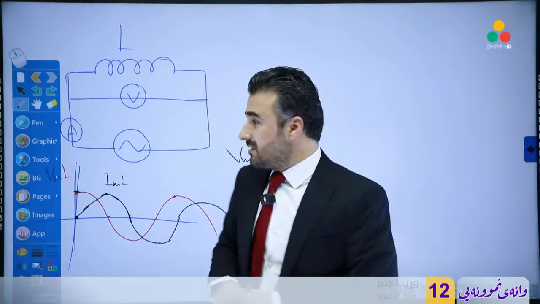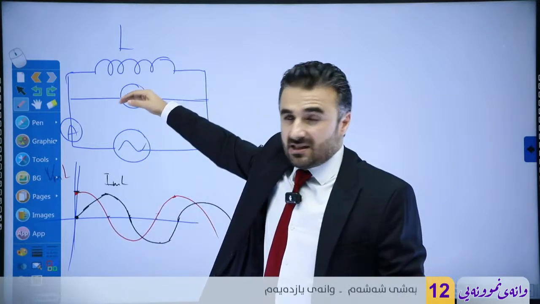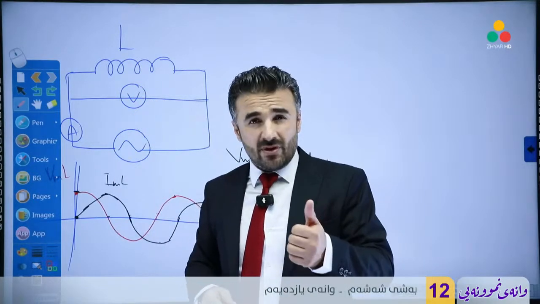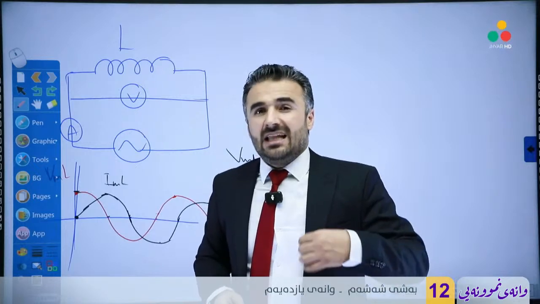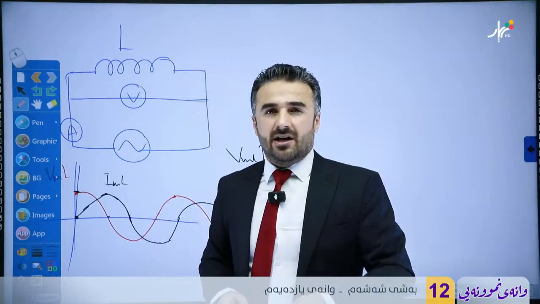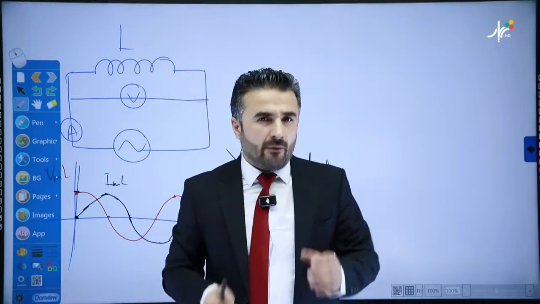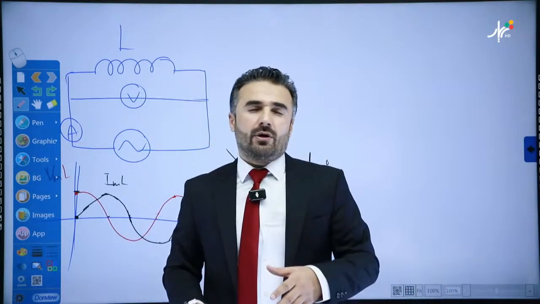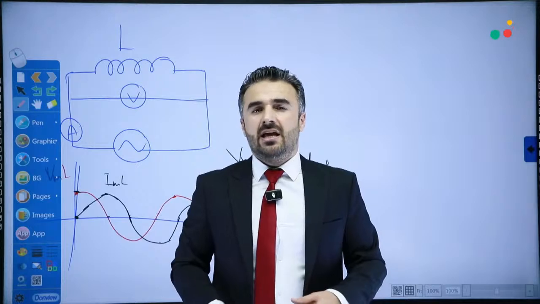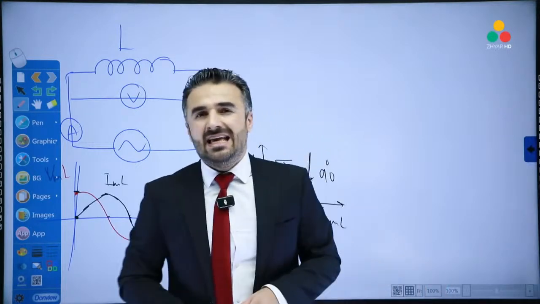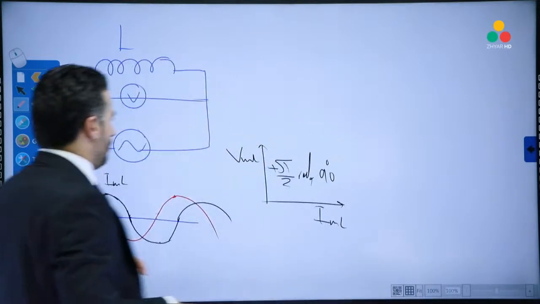Because the voltage starts to increase until it reaches maximum, remember this, we say the voltage leads the current by 90 degrees. Or we can say another way: the current lags, or comes after, or runs behind by 90 degrees, or pi over 2.